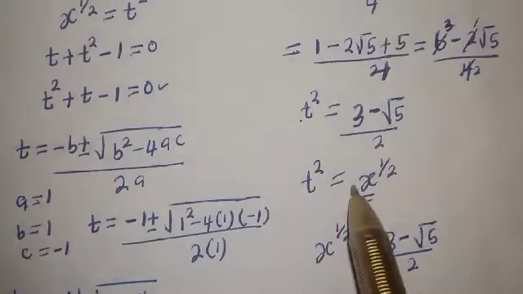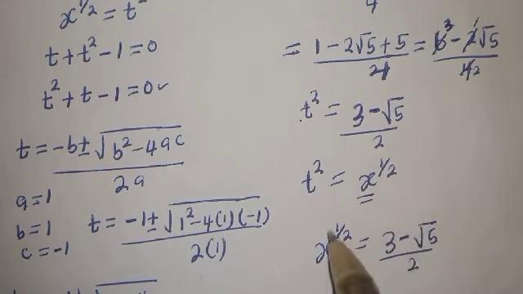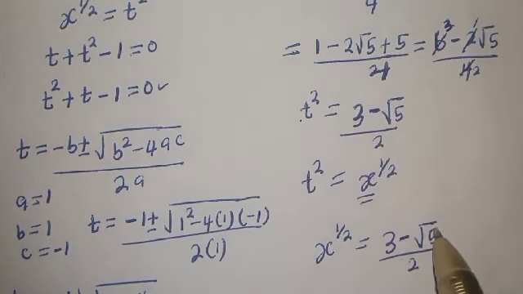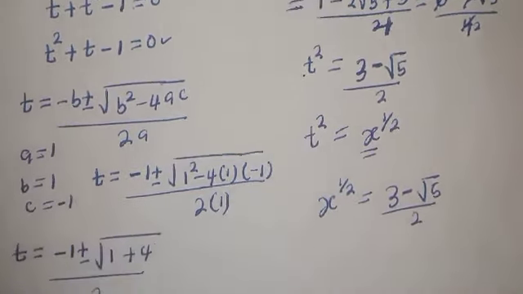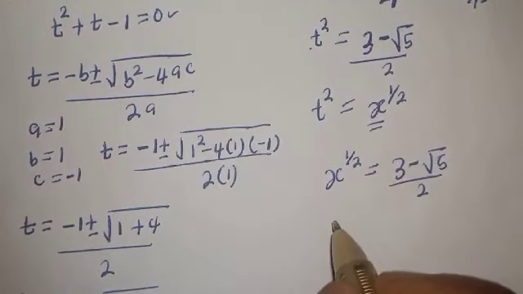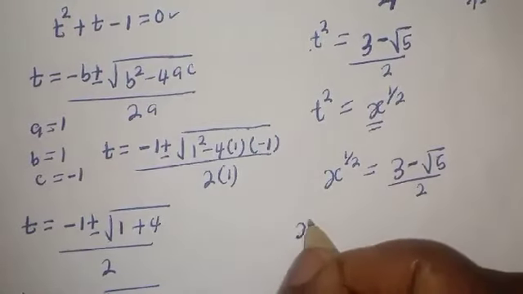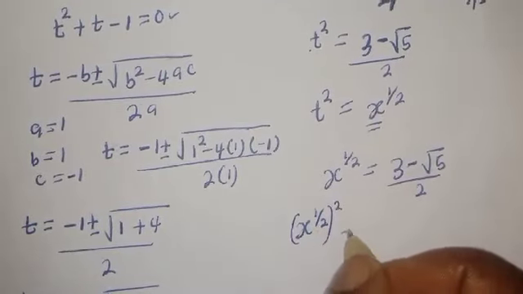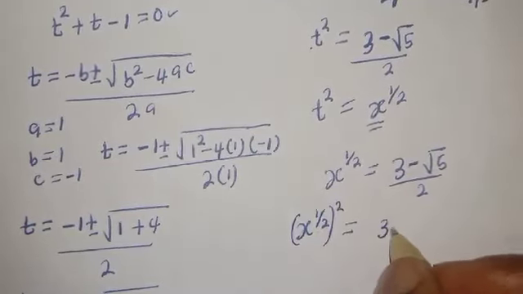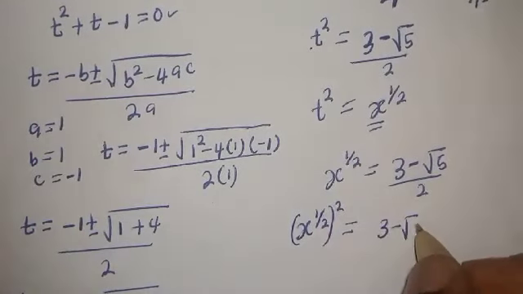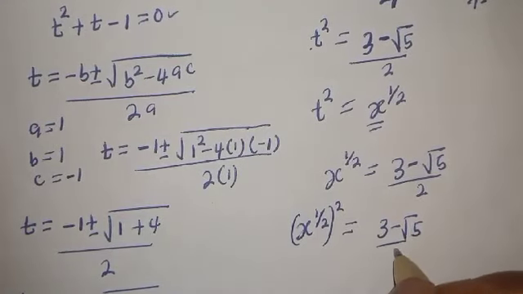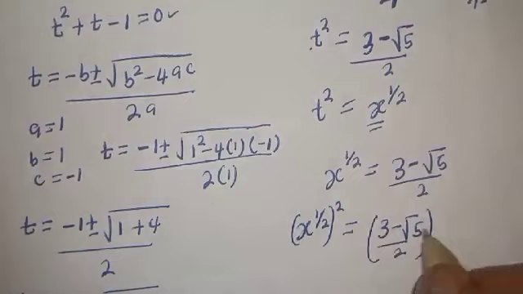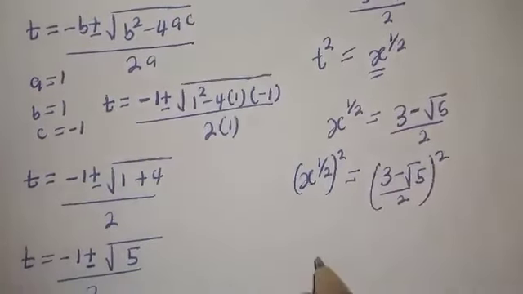But t squared is equal to x raised to power 1/2, and we are looking for the value of x. Therefore, x raised to power 1/2 is equal to 3 minus square root of 5 over 2. Then let's square both sides of this equation. x raised to power 1/2, squared, is equal to 3 minus square root of 5 over 2, squared.